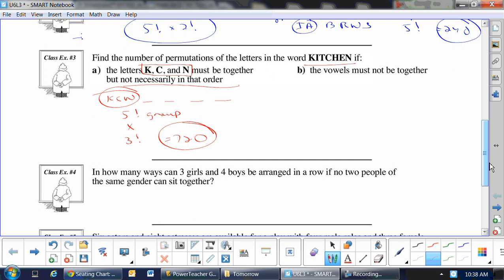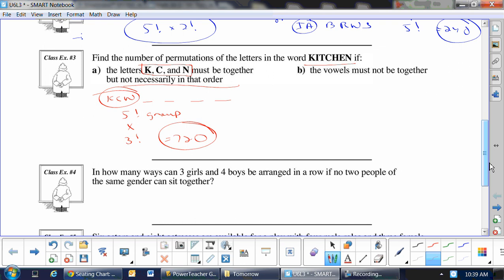Now, B is a toughie. The vowels must not be together. How would you do that one? 4 factorial times 2 factorial.